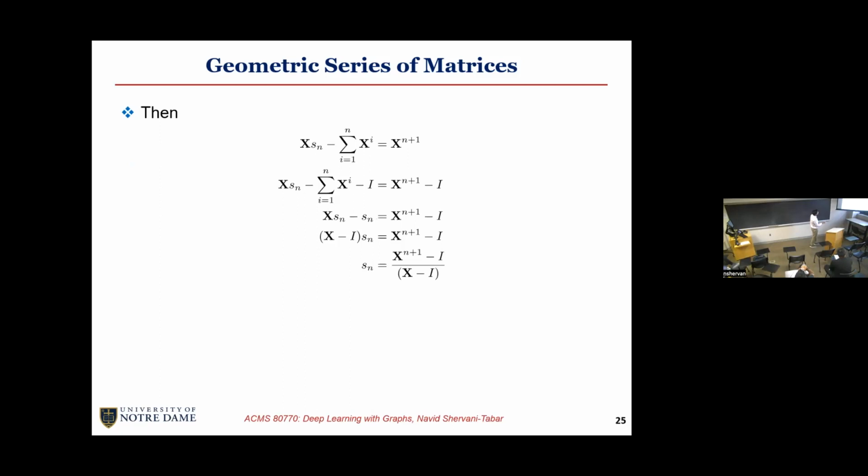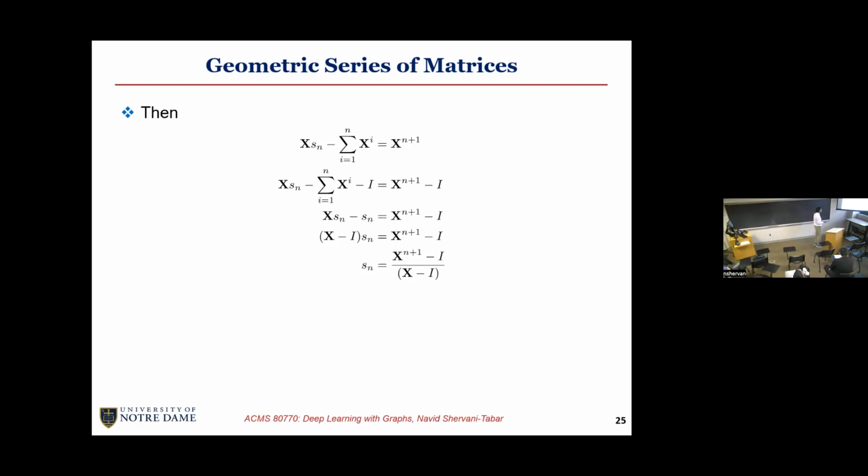So we can write this now as Sn, right? We missed basically the I equals 0 term, and we added that on both sides. We can factor Sn out. This is the relationship we are left with. And we just divide the right-hand side by X minus I, and that's going to give us a solution to our problem.